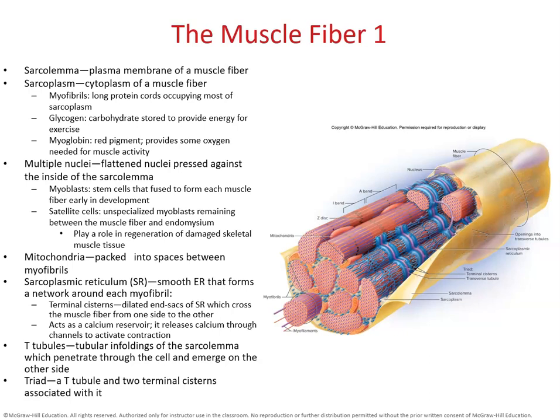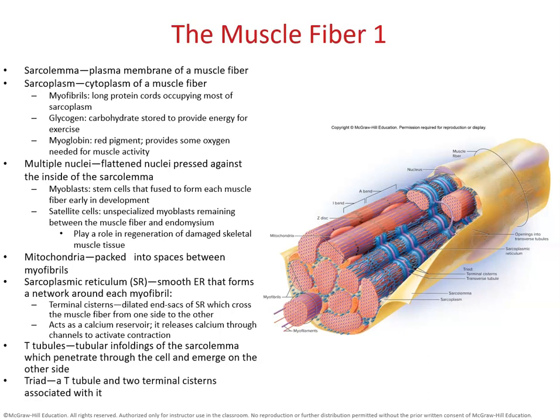Okay, so myofibrils take up a lot of the space inside of the sarcolemma and within the sarcoplasm. And these are the long cords of proteins that actually do the contracting. We've talked about glycogen. It's carbohydrate storage in the muscles. It's stored specifically in the sarcoplasm, and it provides energy for muscle contraction.